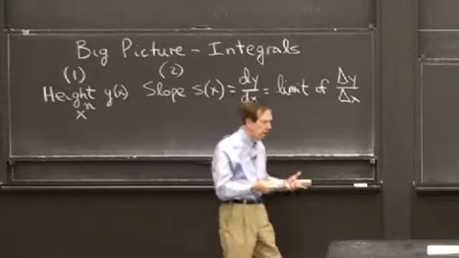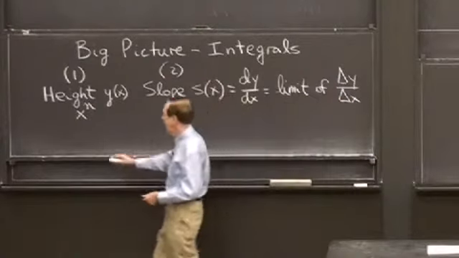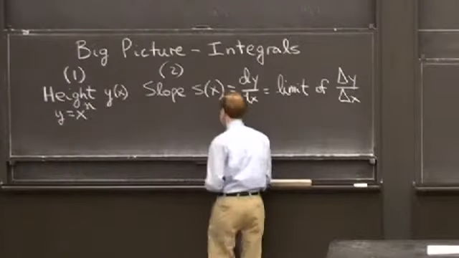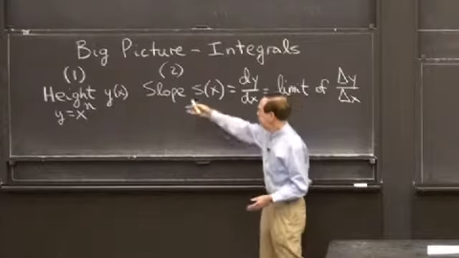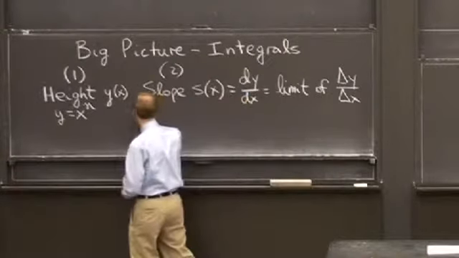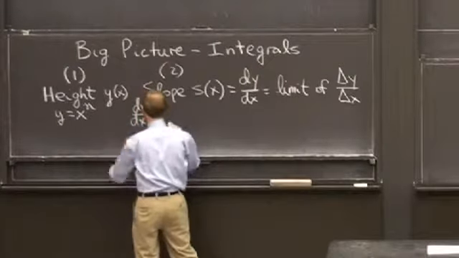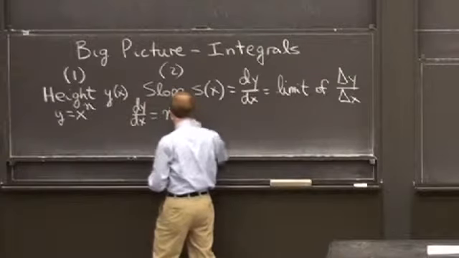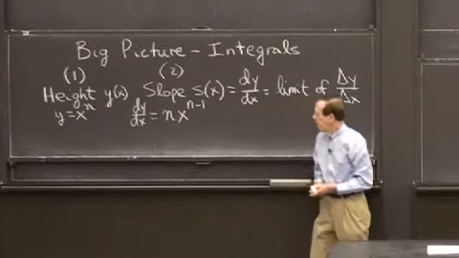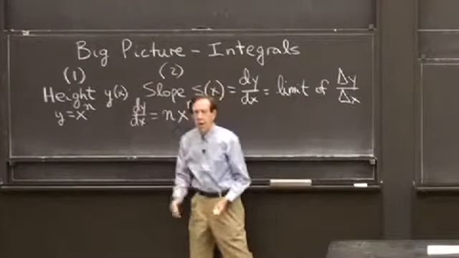That's one that everybody learns. When y is x to the nth, the result of this process that produces function 2 is dy dx: n comes down and we have one lower power. So if we happen to have that as our slope, that would be our height.